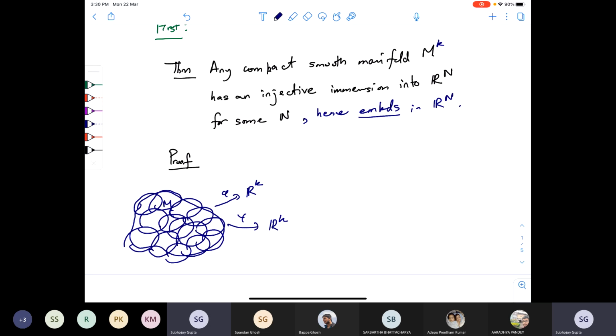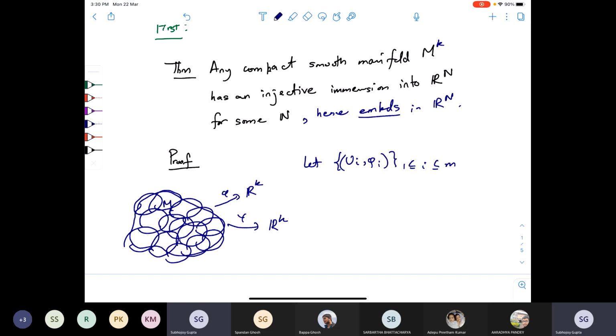So how do you do it? How do you put together all these charts? So let's talk about the charts. Let's give them a name. You call them U_i and phi_i. There are finitely many of them that cover M. Let's call the number little m.